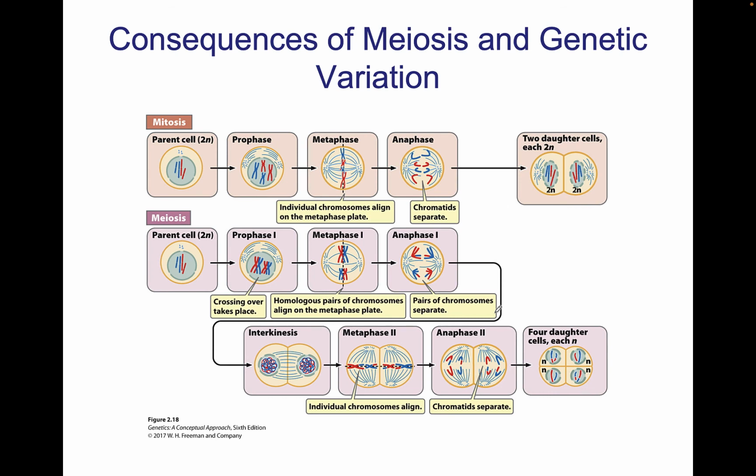Okay, so when you look at the comparison or the concept of mitosis versus meiosis, you'll see that there are some stark differences, okay? Very stark differences between the two.